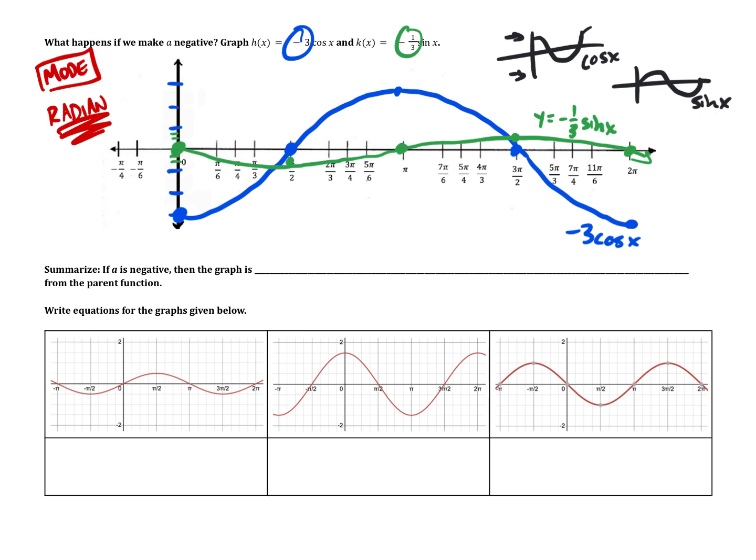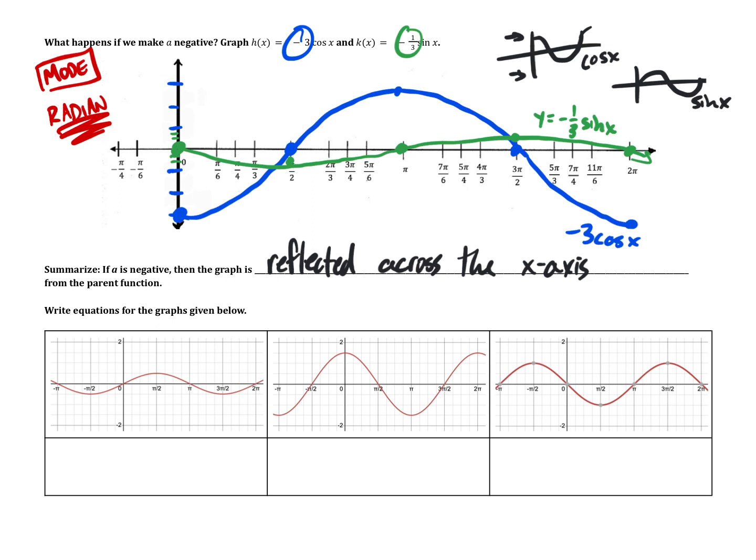I already kind of spoiled the fun, but if you have a -a, then the graph is reflected across the x-axis from the parent function. This is the same pattern as we've seen for every other graph so far this year.